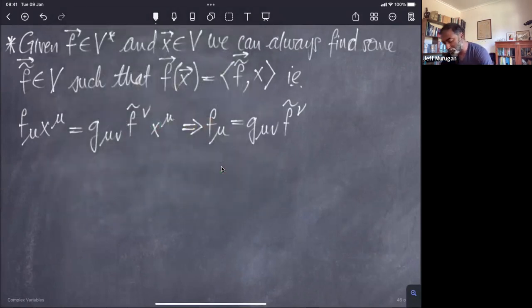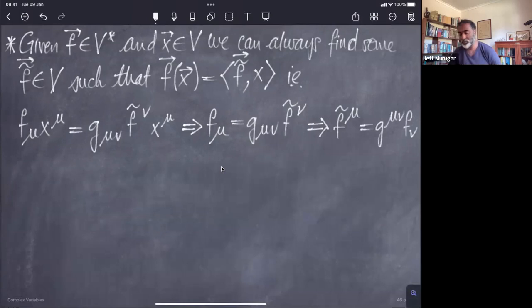But I can also invert this relation and then write down f tilde mu equal to g mu nu upstairs, f nu downstairs.